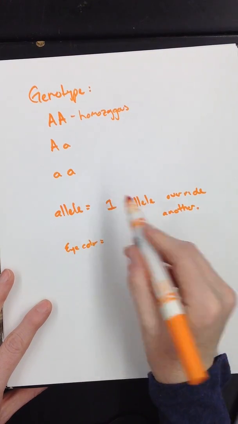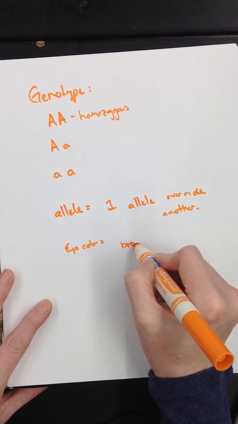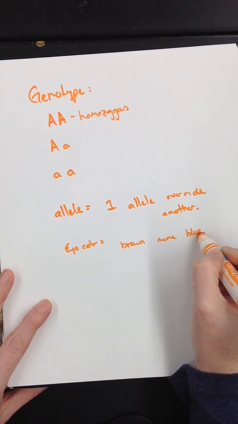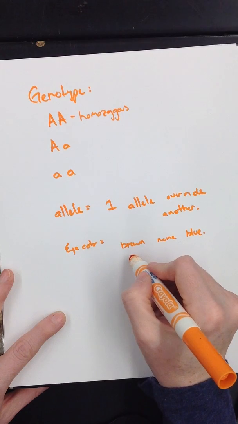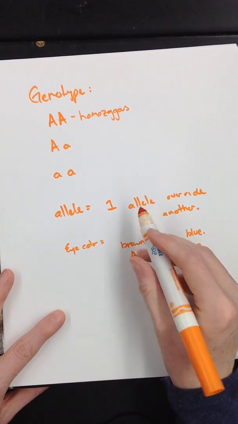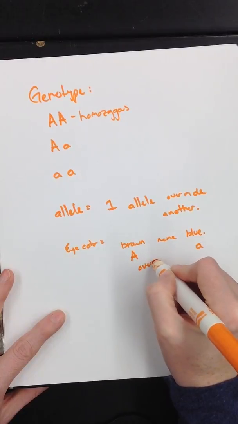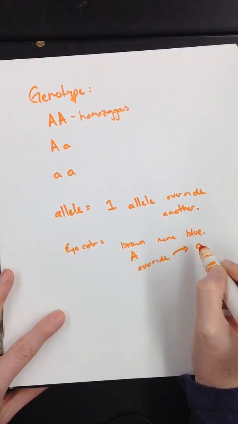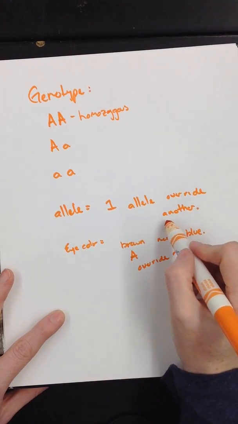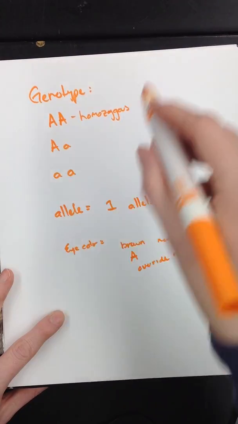If you survey a bunch of people, you are going to see maybe brown eyes more than blue eyes. Well, that's because my brown allele, we'll call that big A, and this can be little a. My brown allele is going to override any of those little ones. All right? And so when we have one allele that overrides another, we call that dominant.